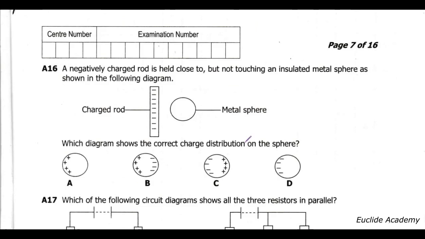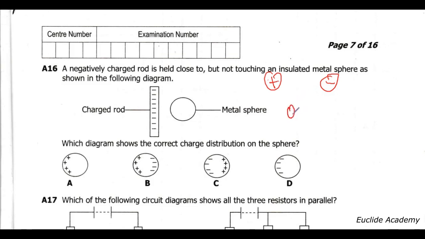16. A negatively charged rod is held close to, but not touching, an insulated metal sphere as shown in the following diagram. So this is the rod and this is the metal sphere. Which diagram shows the correct charge distribution on the sphere? When it comes to charges, we know we've got the positive charges and the negative charges. Like charges repel, opposite charges attract.